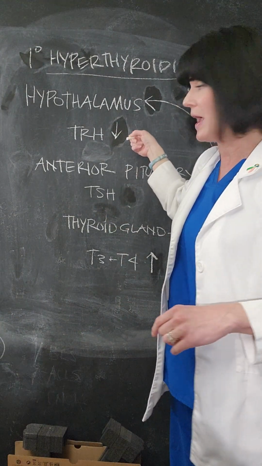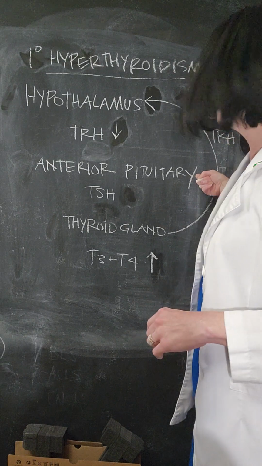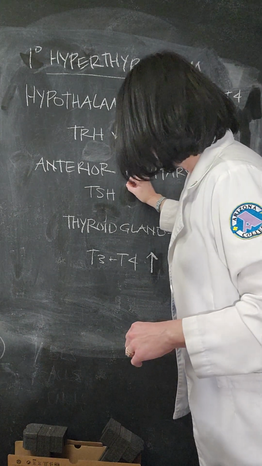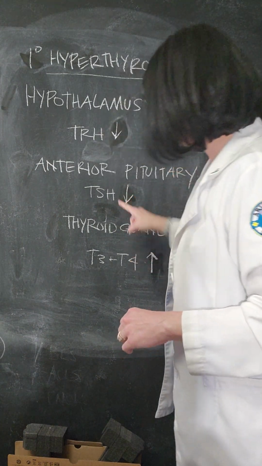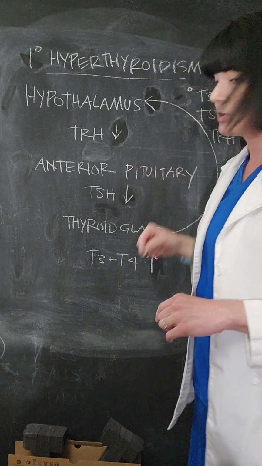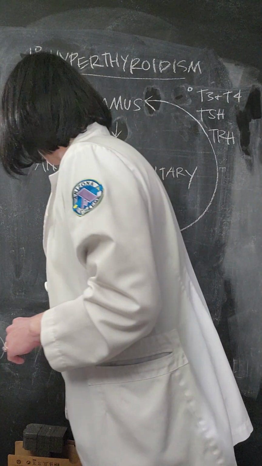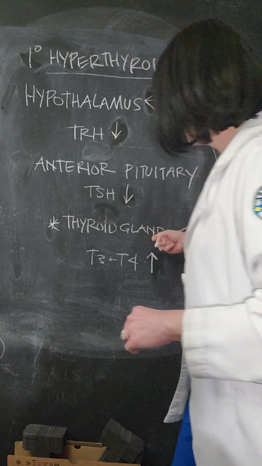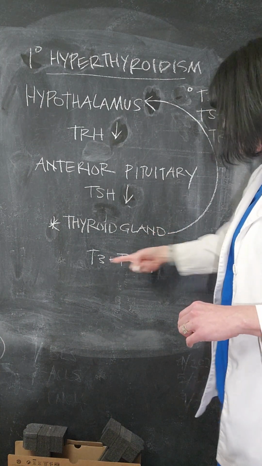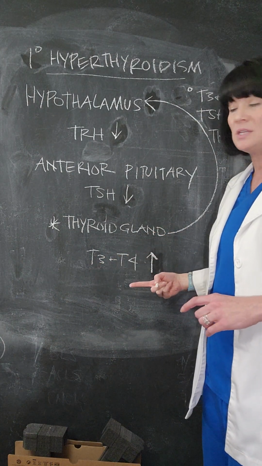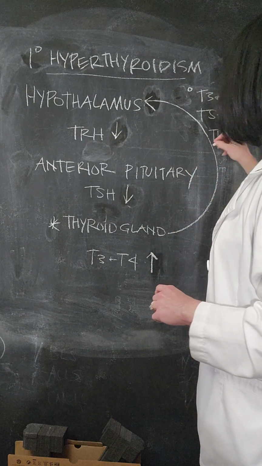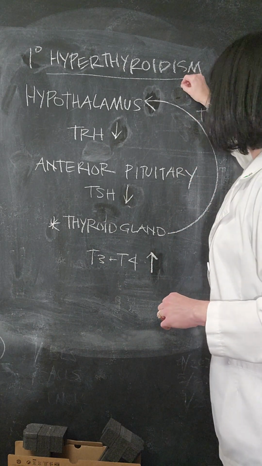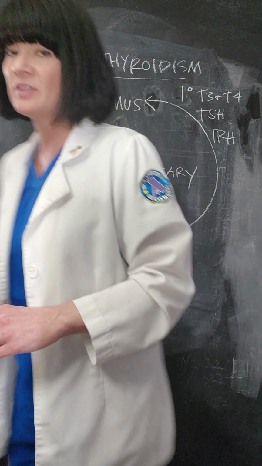This hormone acts on the anterior pituitary, and the anterior pituitary ends up releasing decreased thyroid stimulating hormone. Since our disorder is in the thyroid gland itself, it does not drop the T3 and T4 levels.